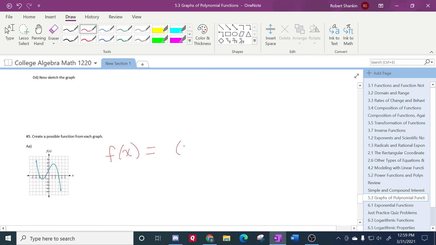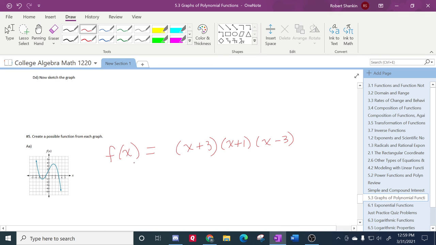That means x plus 3 had to have been one of the factors, because when you plug in -3 into here, it causes the y to be 0. -1 is a 0, so x plus 1 must have been a factor, because plug in -1 and you get a 0. x minus 3 must have been a factor, and you're going to get this.